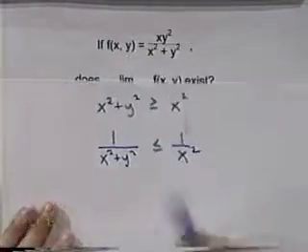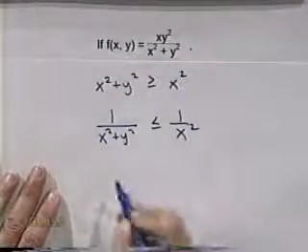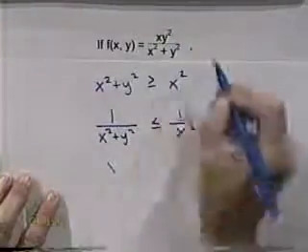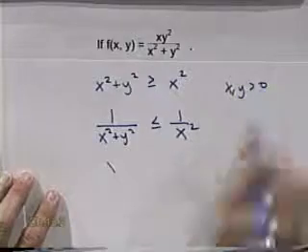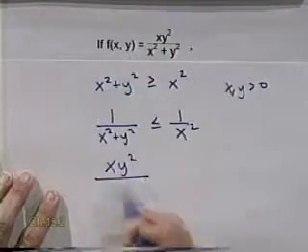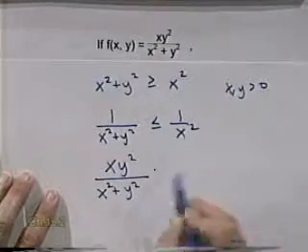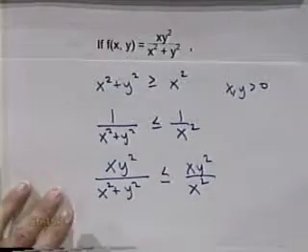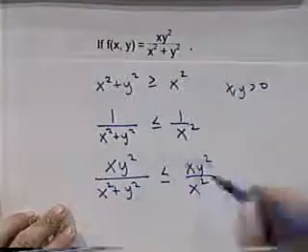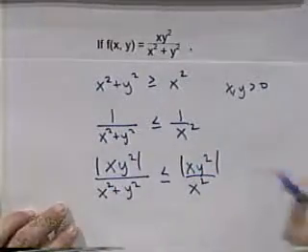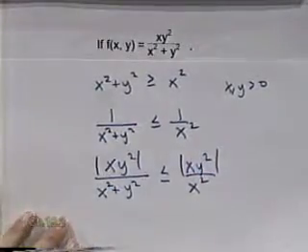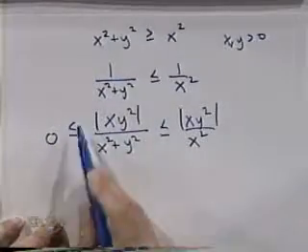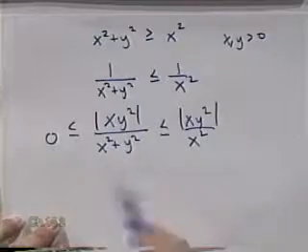All right? So if I multiply through by, let's assume that x and y are positive right now, by xy squared on both sides, or if we don't want to assume that xy squared is positive, let's just make it absolute value. Okay? Well then, I think you'll notice this 0 is less than or equal to this, because this is a positive over a positive.